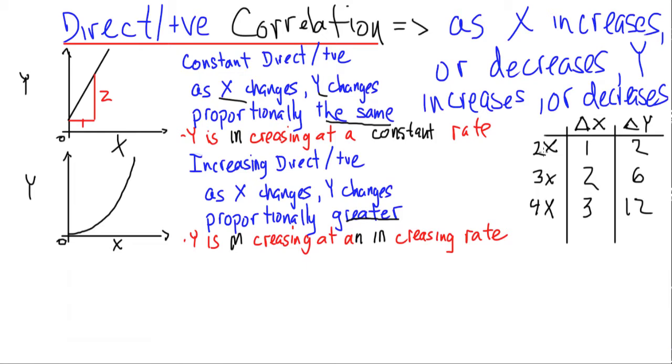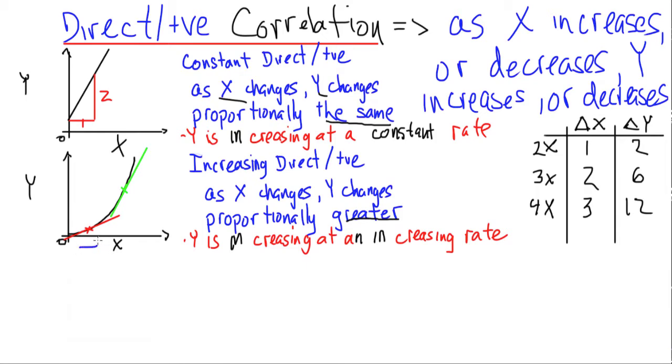And the rate, 2 times, 3 times, 4 times. How do we understand this visually? At lower values of x, say at this point, the curve is relatively flat. But at higher values of x, y is increasing faster, and so the curve is steeper.